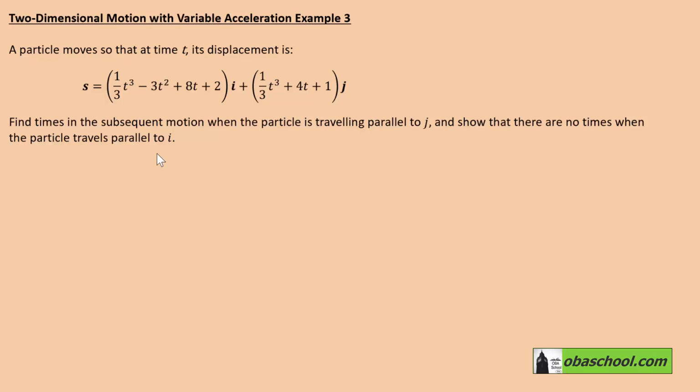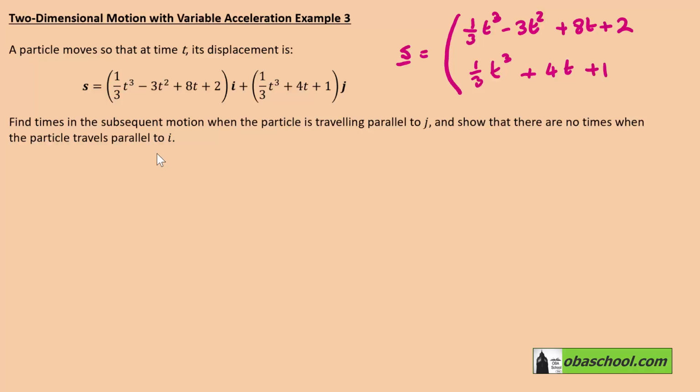Now, like the previous examples, I'm going to work in column vector form. So that's going to be 1/3 t cubed minus 3t squared plus 8t plus 2, and 1/3 t cubed plus 4t plus 1.